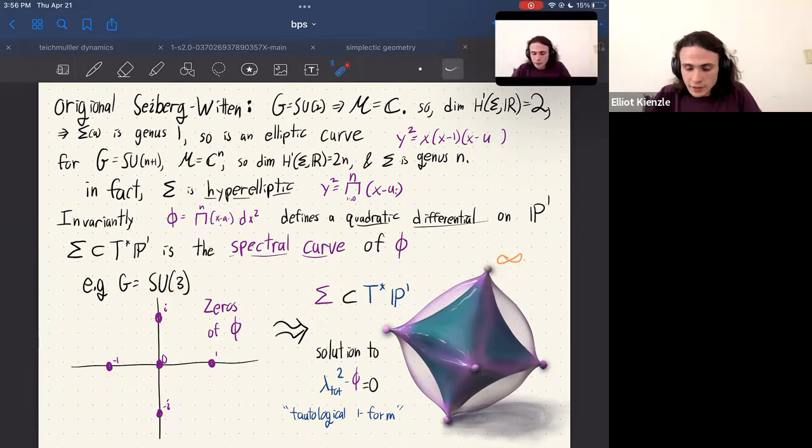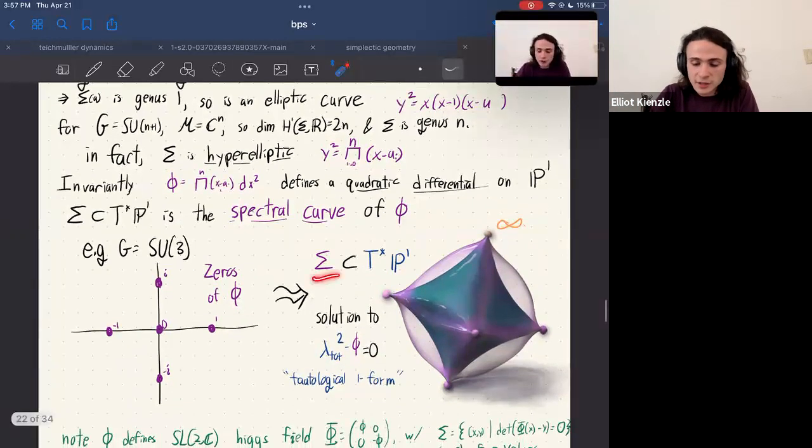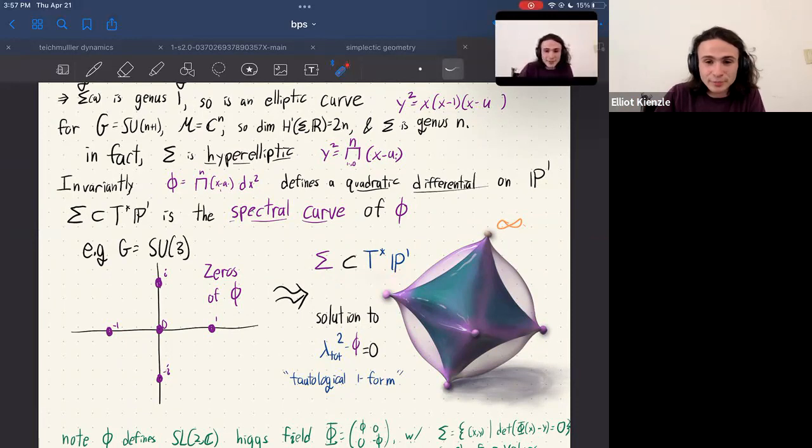And the idea is we can take essentially the square root of our quadratic differential at each point, but there are 2 square roots, so we get 2 levels. So more formally, it's going to be the solution to this equation, which is going to cut out a subvariety, a subcurve inside the cotangent bundle of your sphere.